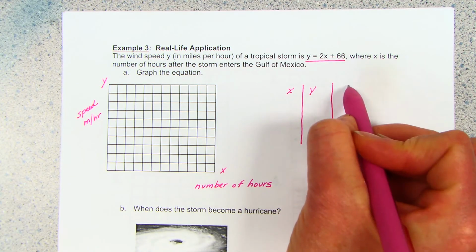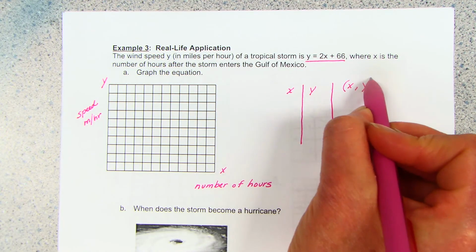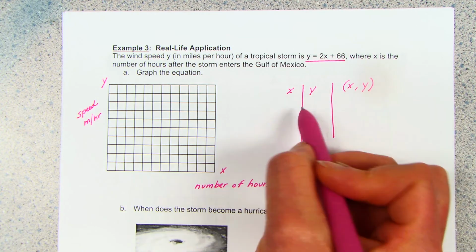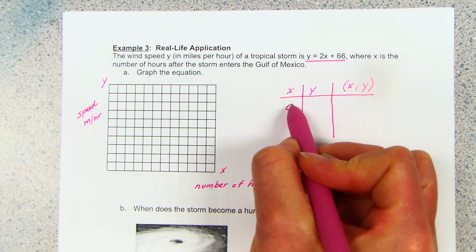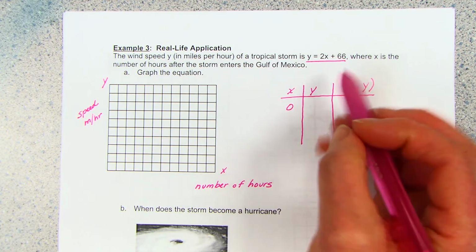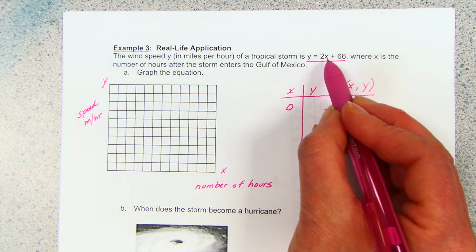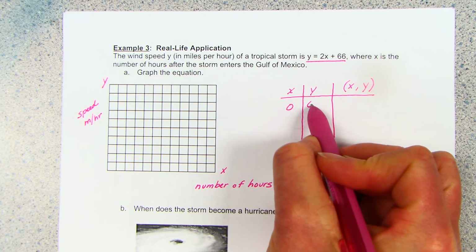And then the ordered pair that I will graph. Okay. Let's always start with 0. If I substitute 0 in, then I have 2 times 0 is 0, plus 66 is 66.